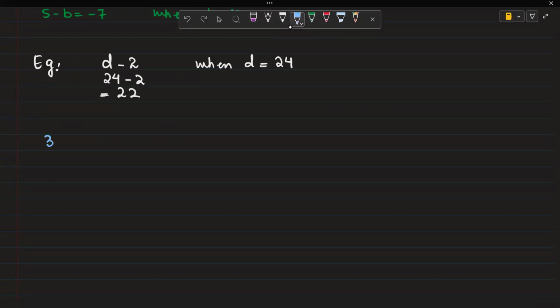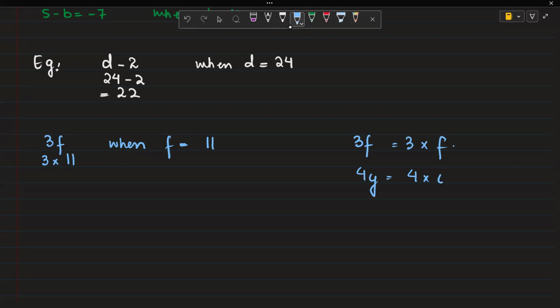We have to find the value of 3f when f is equal to 11. So 3 times 11. 3f means it is 3 times f. 4y means it is 4 times y. And in algebra, we often write times like a dot. 4 times y.